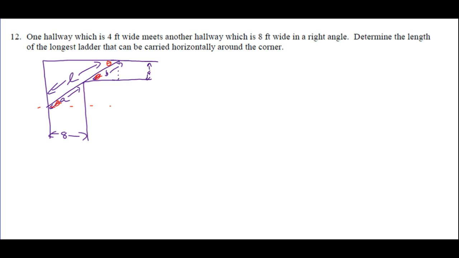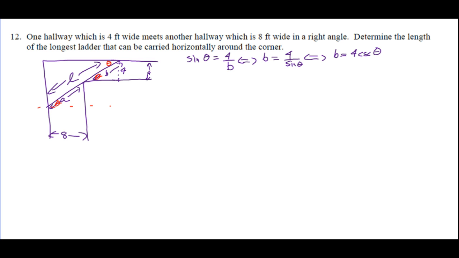So this distance is 4, and there's B. This is the hypotenuse of this triangle. So we've got sine theta is equal to 4 over B, which means that B is 4 over sine theta. So B is 4 times the cosecant of theta. And we've got A, and this distance is 8.